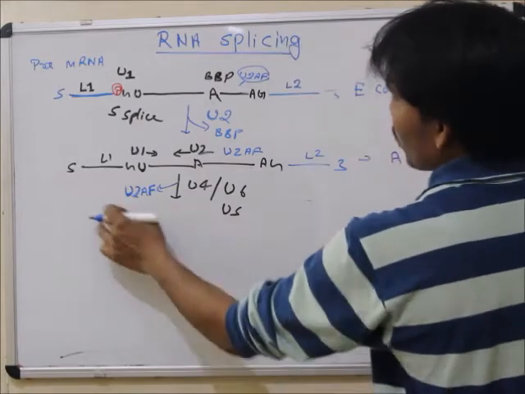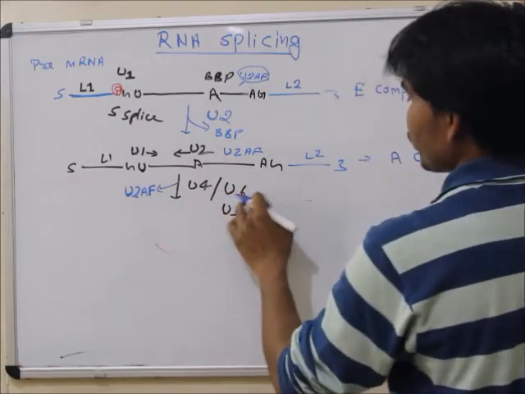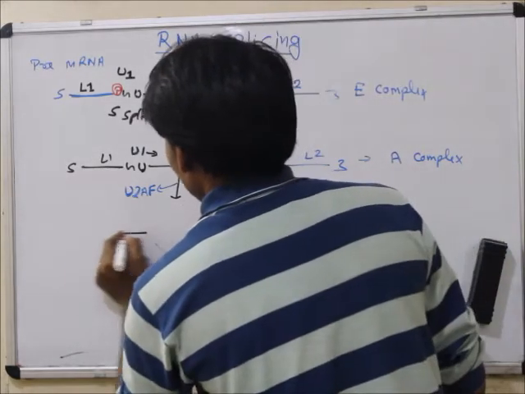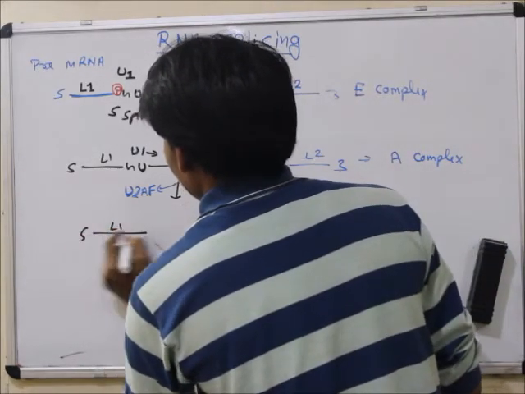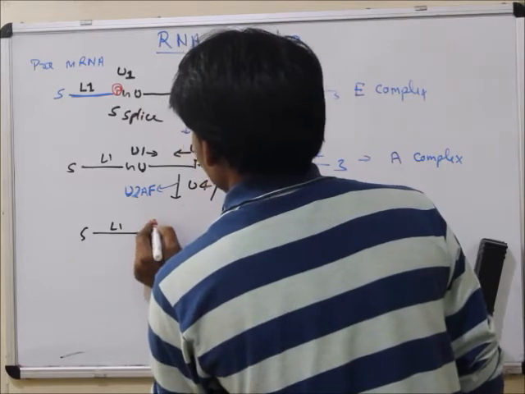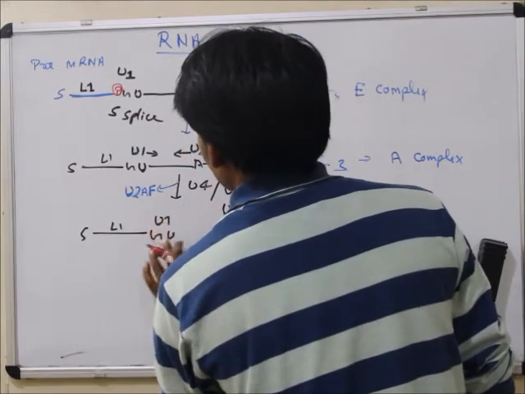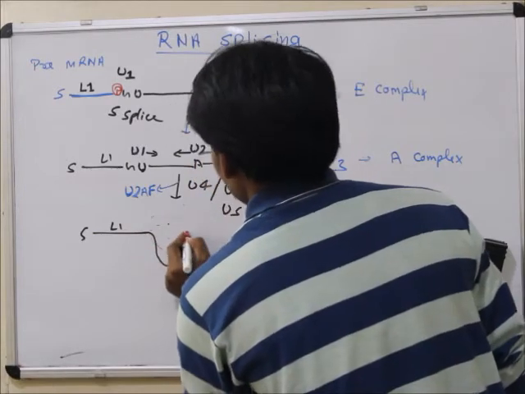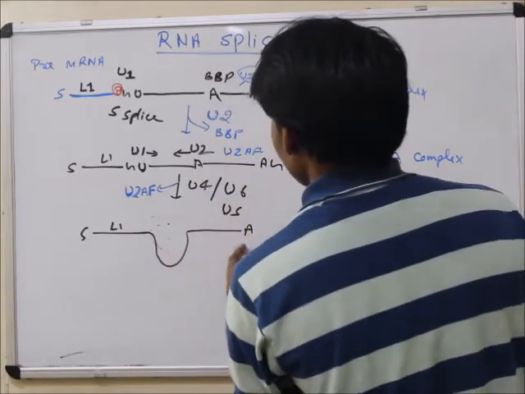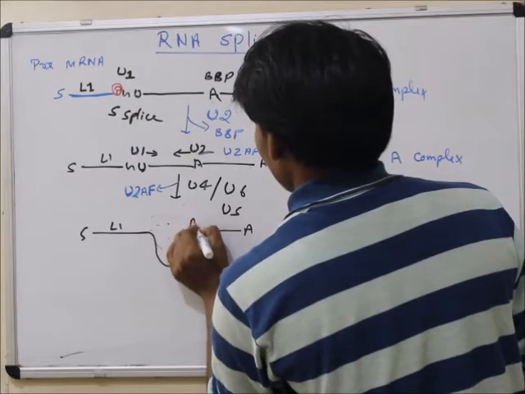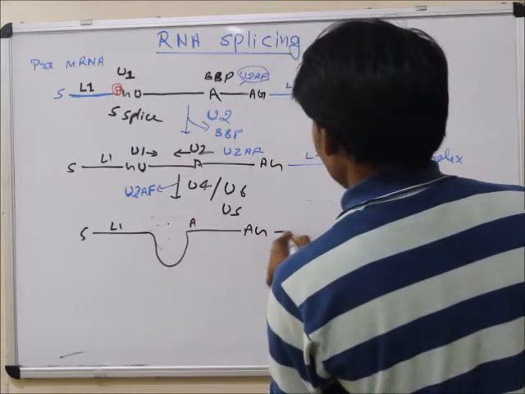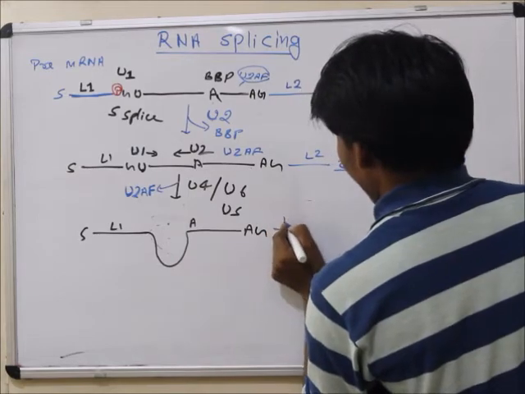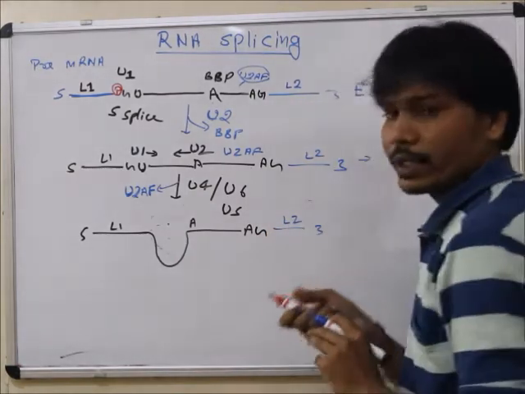After removal of U2AF, U4, U6, U5 will come, and again the structure looks like L1, 5' GU, U1, formed in the form of a lariat, with A, AG, and L2, 3' side.